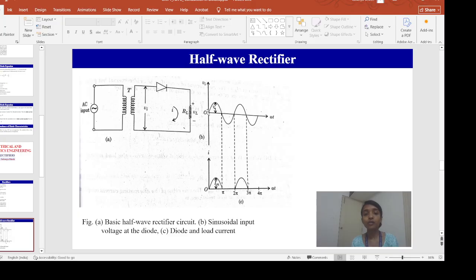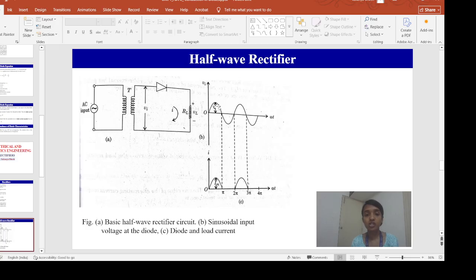Now during the positive half cycle of the input signal, that means for this part only, what will happen on the secondary side of the transformer? This is positive, this is negative. We are just identifying the polarity of the input signal at the secondary.